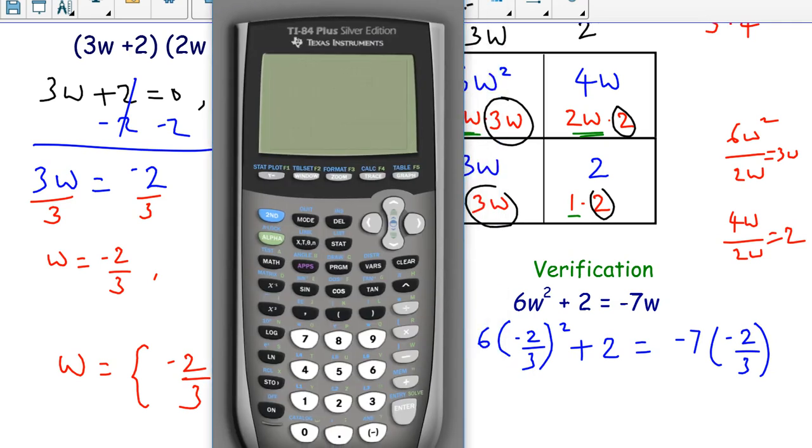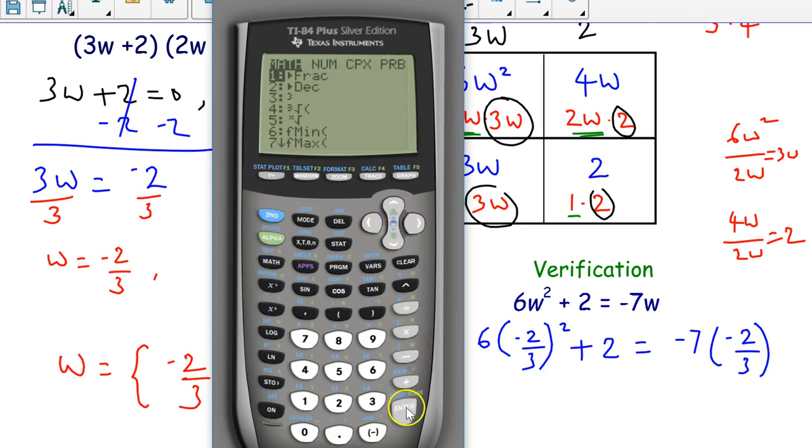I have here 6 times (-2/3) whole squared, then plus 2. That gives you 4 point something 666.